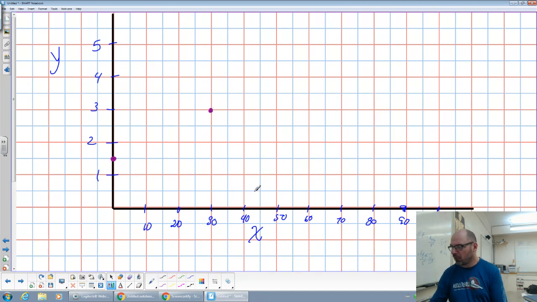Then 30 more degrees, so 60, put a min again at 1.5. And 30 more degrees, which would be 90, and put a max. And then just draw the sine shape in here.